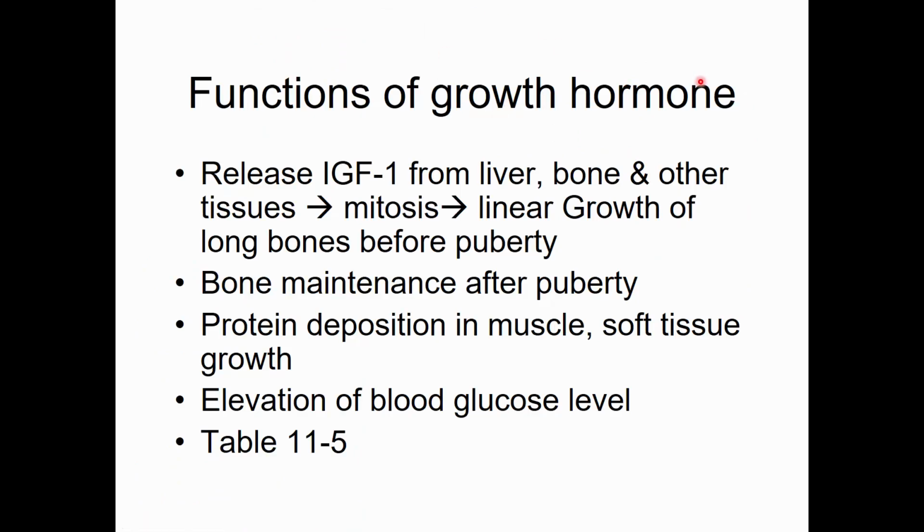So what does growth hormone do? It causes the release of IGF-1. And IGF-1 is a mitogen. It causes mitosis. So cartilage cells are going to divide and grow. Skin cells are going to divide and grow.